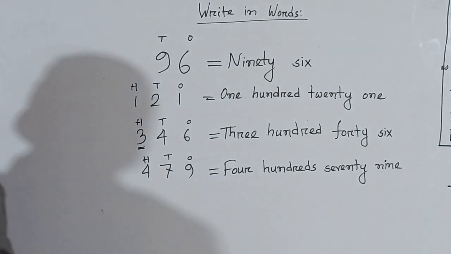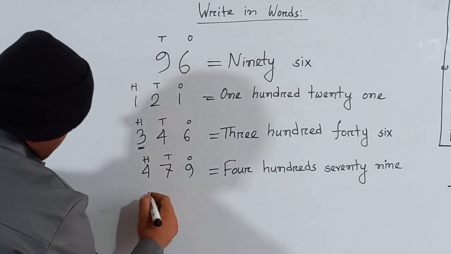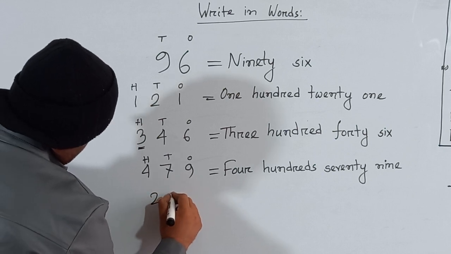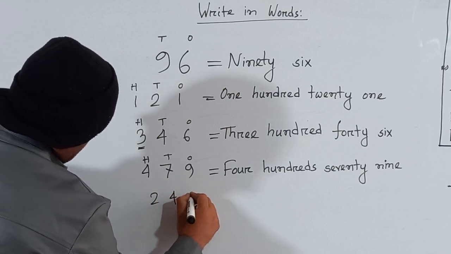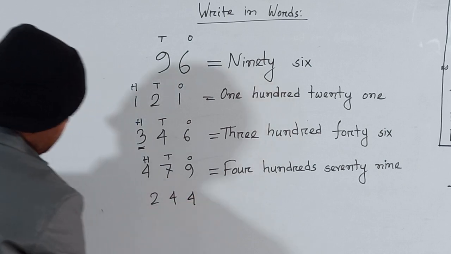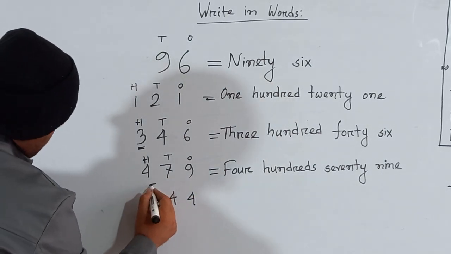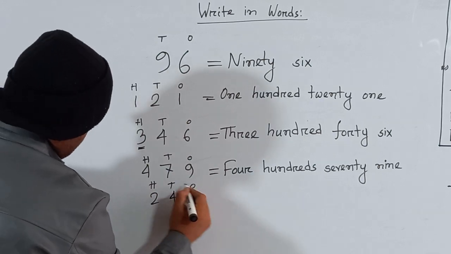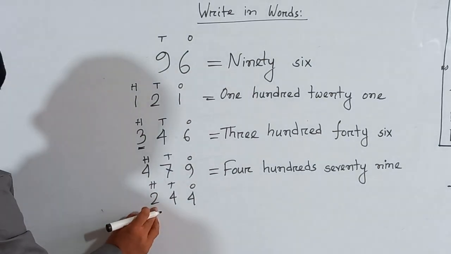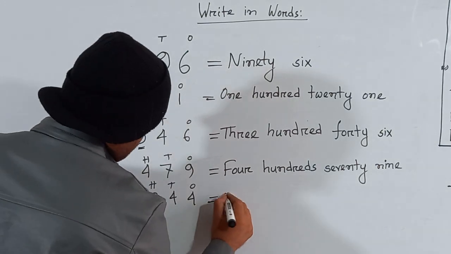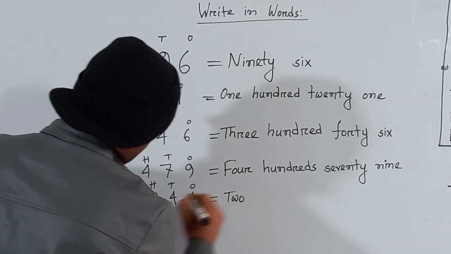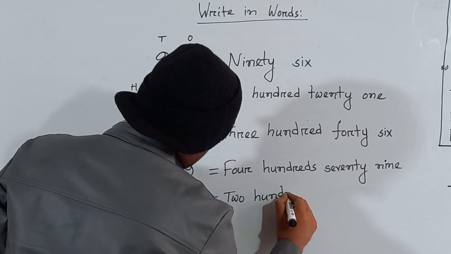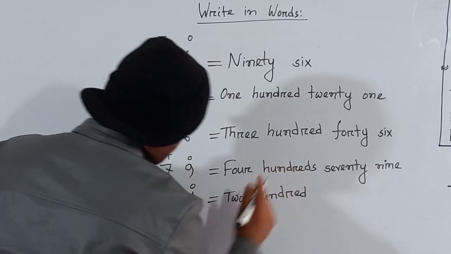479. And then if I write 2 4 4, 2 is the 100 place, 4 is the tens place, and 4 is the ones place. So how many hundreds are here? Here is 200, TWO HUNDRED, 200.